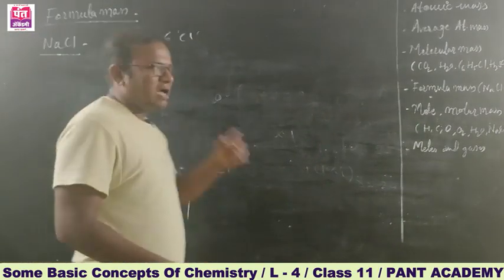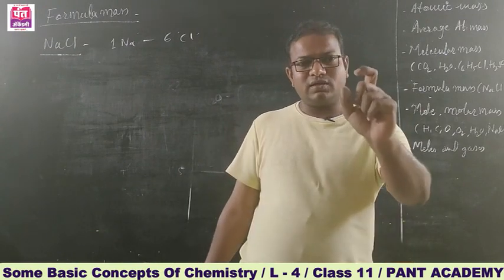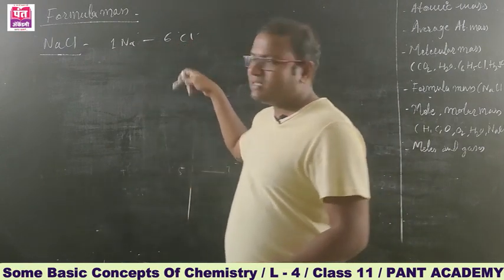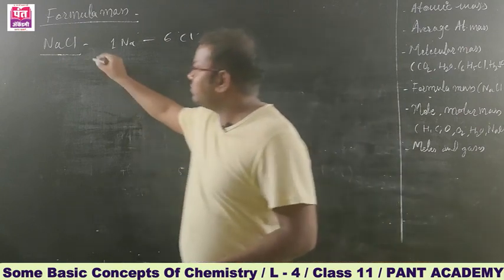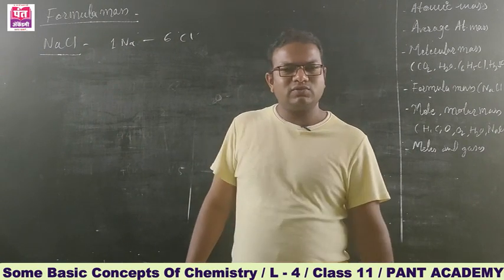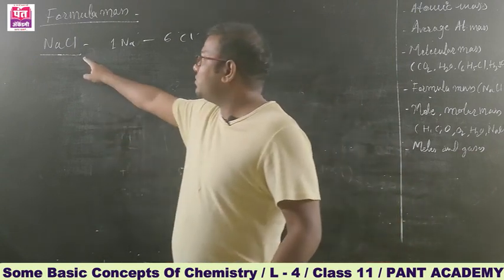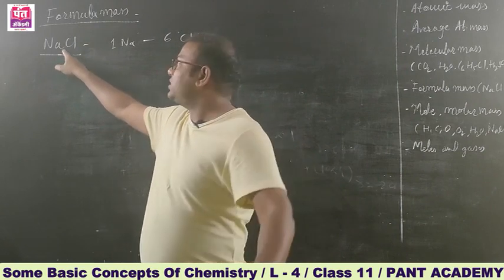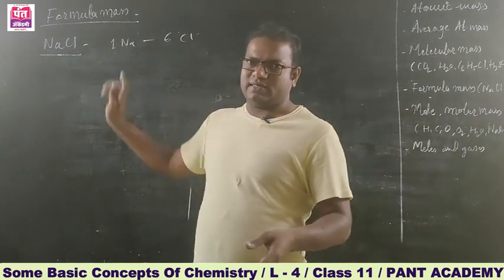One sodium is surrounded by 6 chlorine in that particular crystal. So if we look at the actual formula, we should say NaCl6, but we don't say that. We directly say NaCl, meaning one sodium and one Cl. And that's why when you are going to calculate the molecular mass of this formula, that molecular mass is called formula mass, and most of the time we calculate formula mass.